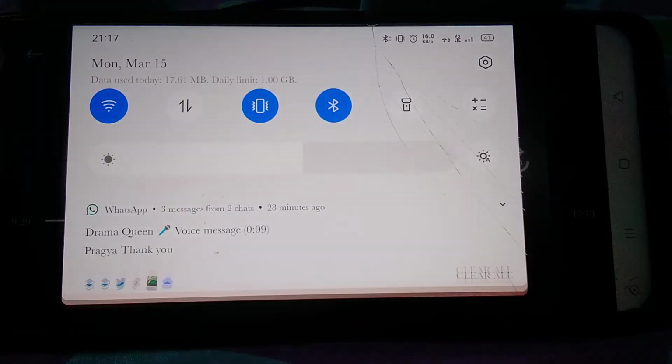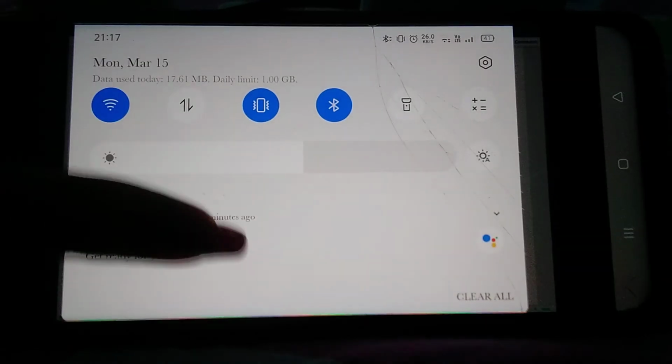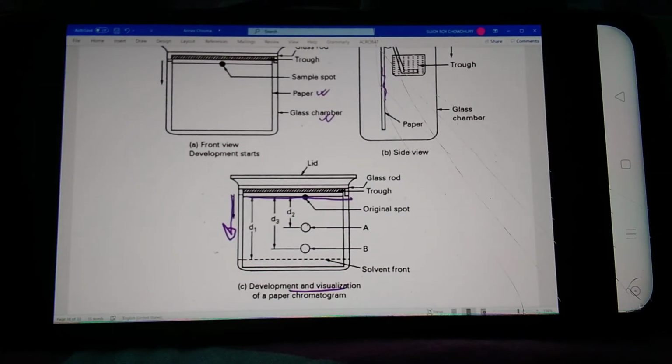This is the original spot over here, and this is component A, this is component B, and the solvent front has moved a distance D1, B has moved D3, and A has moved D2. Because in descending chromatography the solvent is falling with gravity, B is going forward.